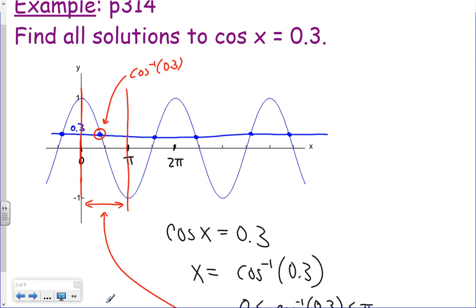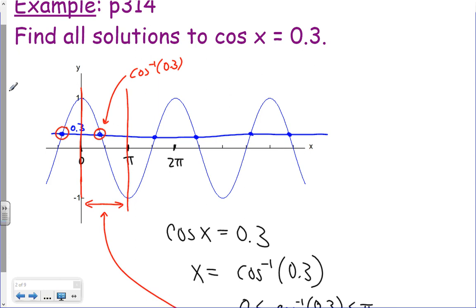I want all the solutions. So how do I go about finding the rest of these solutions? Well, one thing you should notice here about this function, we've mentioned it before. We'll come back to this property later on, but there's symmetry across the y-axis for cosine, which means it's an even function. Because it's got symmetry across the y-axis, if that solution over there is cosine inverse, then this one over here on the left side of the y-axis should just be the opposite of that.